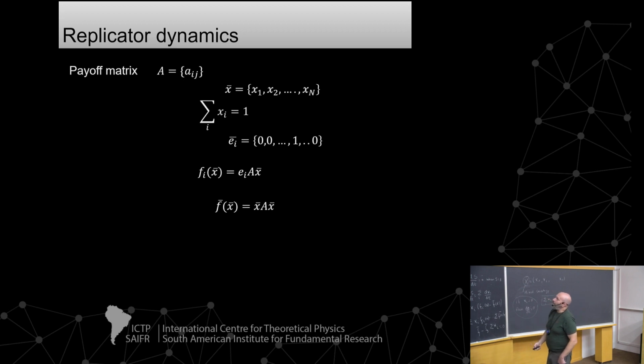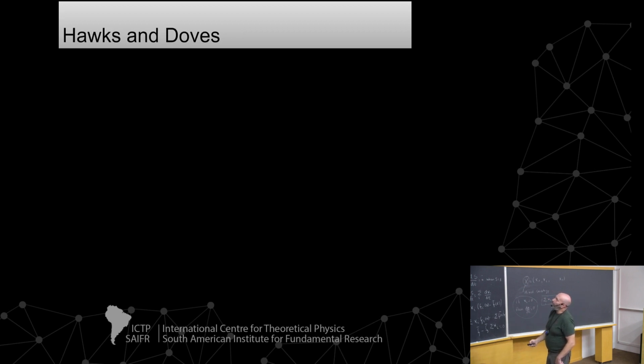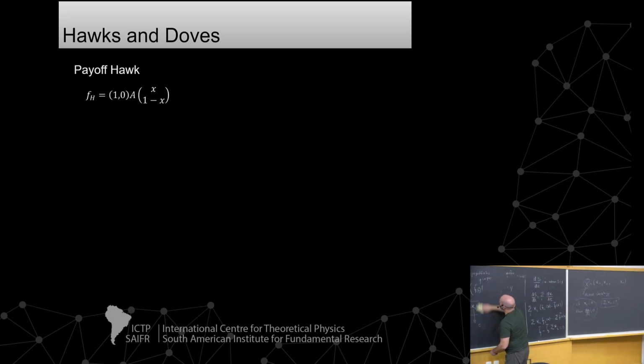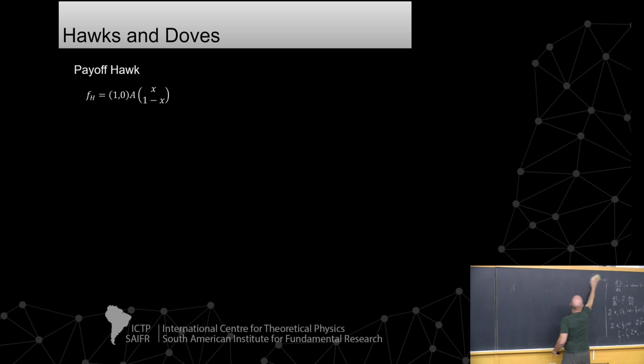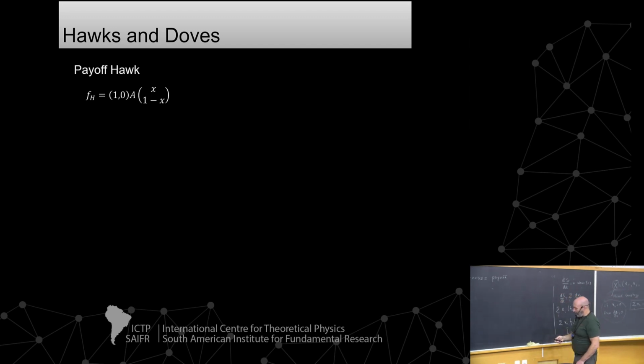So let's see, for example, how to apply this to hawks and doves. This is the payoff matrix. We are just saying that fitness is equal to payoff. They are synonyms. So the fitness or the payoff for the hawk, while competing with any mixed strategy, we don't know x.